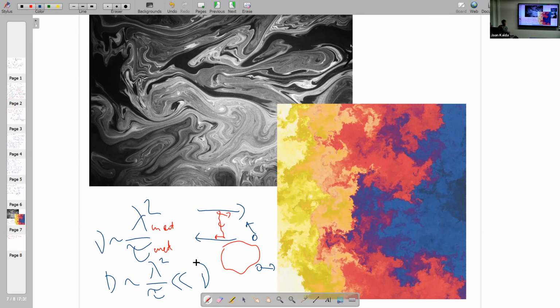On the other hand, if we have the diffusivity of dye molecules, which are often organic molecules, they are really big. If we speak about water, H2O, these are fairly small molecules. But dyes, being organic molecules, can be very big.